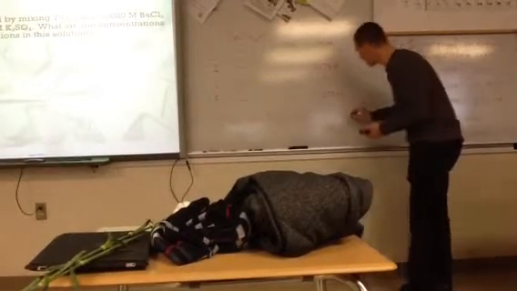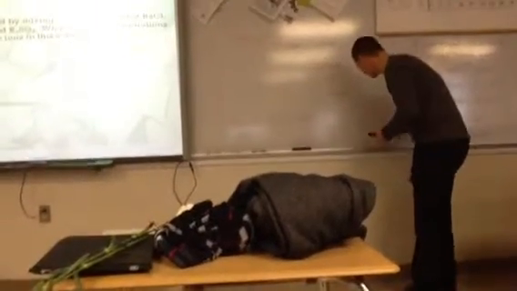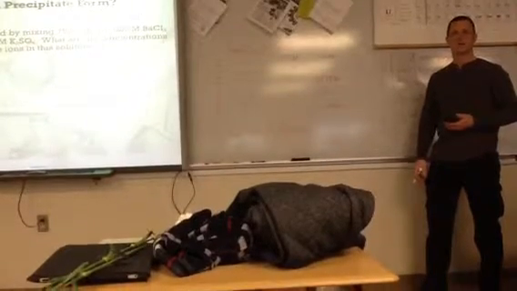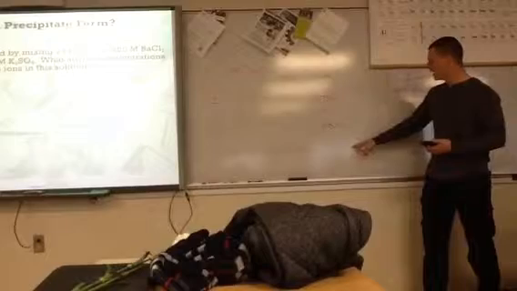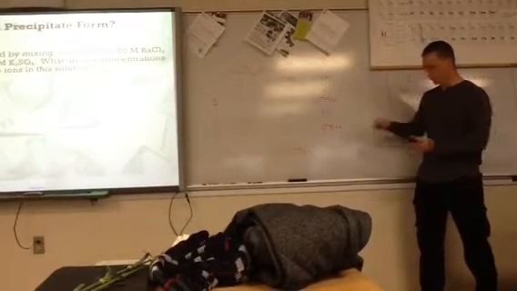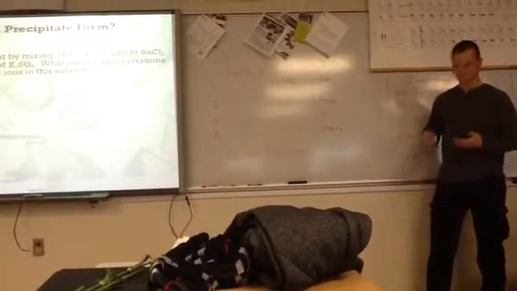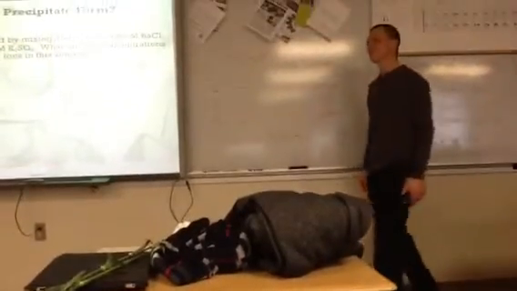Now that is the concentration of barium. Everybody okay with that? You could try to add that to 0.0175, but this starts with all those zeros. It's negligible. It doesn't mean anything. So that's what the solubility is then.